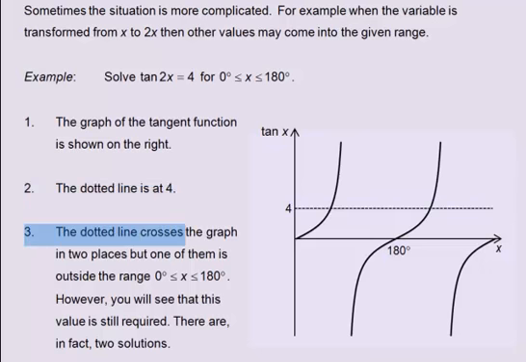The dotted line crosses the graph in 2 places, but one of them is outside the range, x greater than or equal to 0 degrees and less than or equal to 180 degrees. However, you will see that this value is still required. There are in fact 2 solutions.